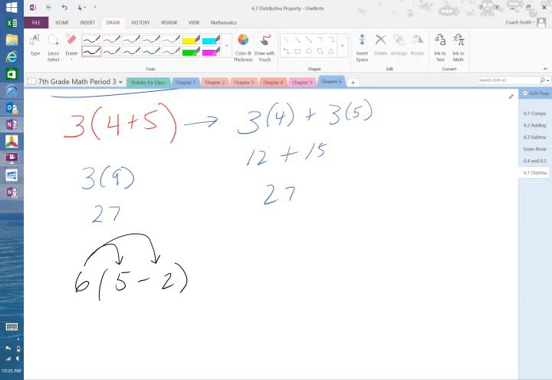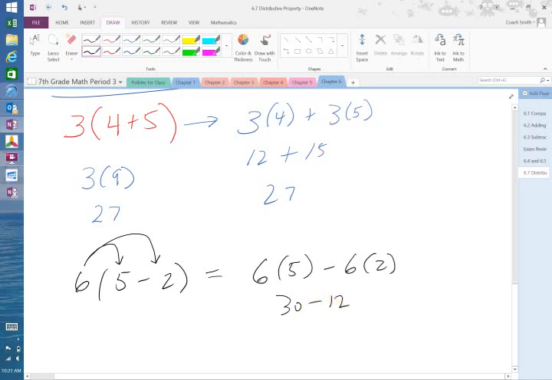This particular example, I just have 2 things inside the parentheses. And so that is equal to 6 times 5 minus 6 times 2. Well, 6 times 5 is 30. 6 times 2 is 12. And what is 30 minus 12? 18.